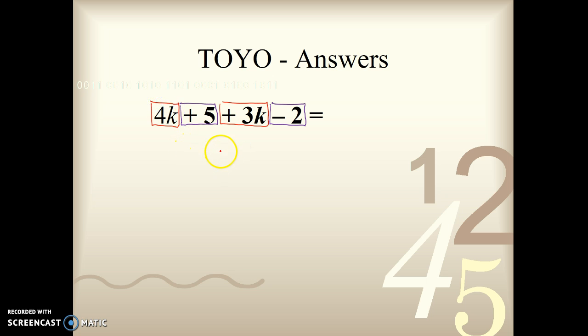So I have 4k plus 3k plus 5 minus 2. And I can add my like terms. 4k plus 3k equals 7k. And I can add these two like terms. 5 minus 2 equals 3. And I'm done. I can't actually simplify this any further. So it's just 7k plus 3. That's my answer.